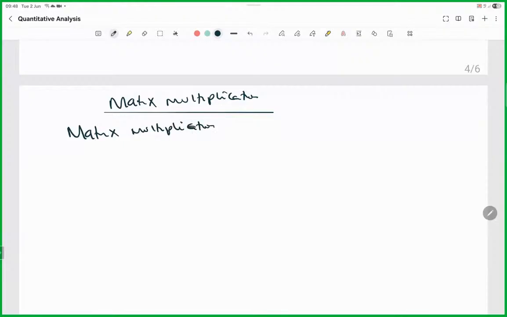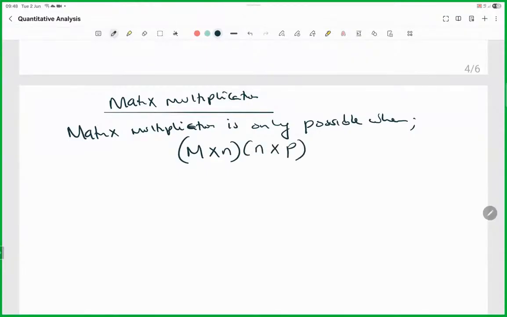Matrix multiplication is only possible when m times n, n times p matrices are involved. When multiplying two matrices, the inner numbers, this n, must be the same for the two matrices to be compatible.